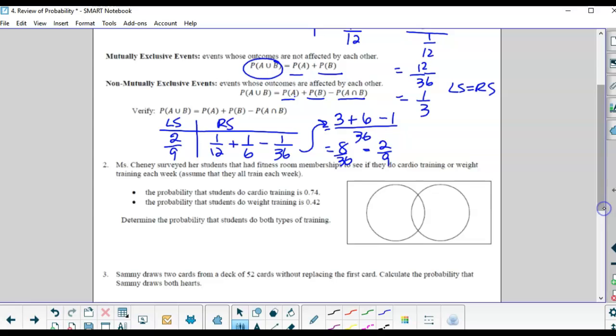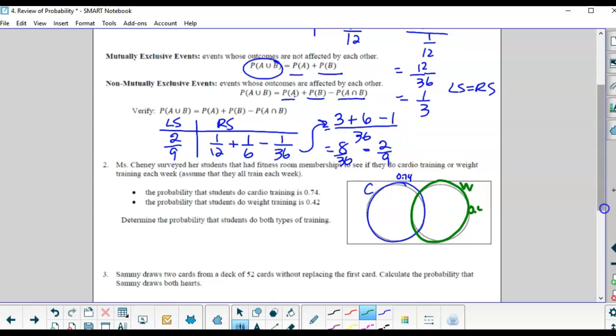So here's an example like we did in Math 20. Ms. Cheney surveyed her students that had fitness room memberships to see if they do cardio training or weight training each week. Assume that they all train each week. So some obviously would do both. We're told here that students do cardio training, 0.74, so this whole circle is 0.74, and then this would be weight training.